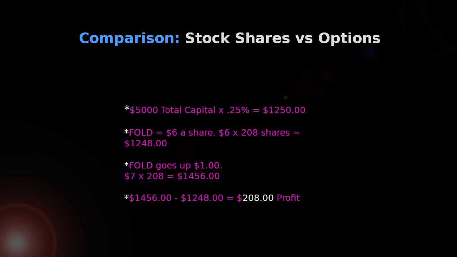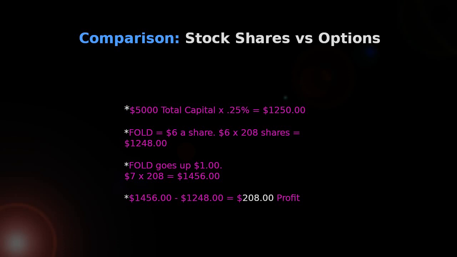So you decide to use 25% of your total capital. 5,000 times 0.25 equals $1,250 to buy shares of the stock FOLD at $6 a share. This would cost you $1,248 for 208 shares.